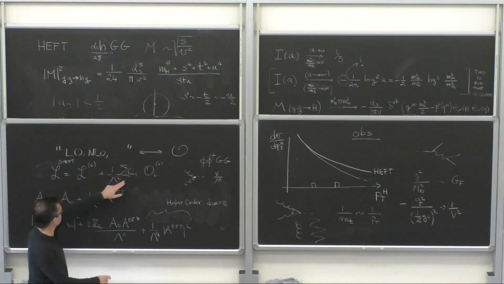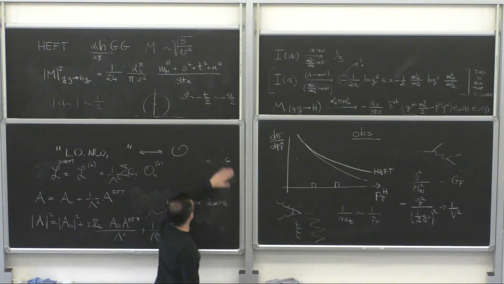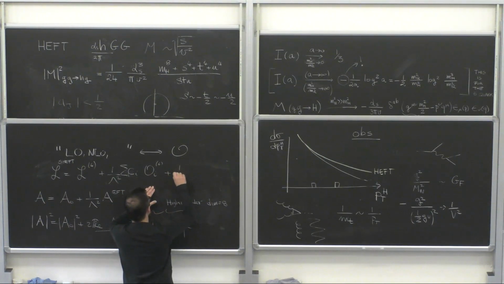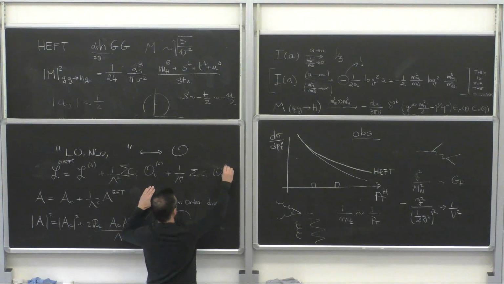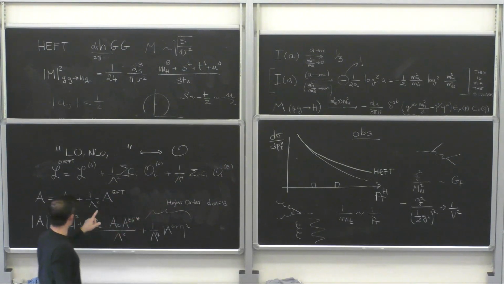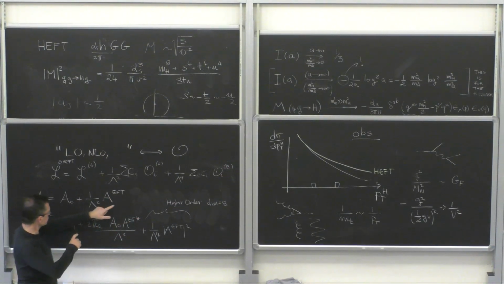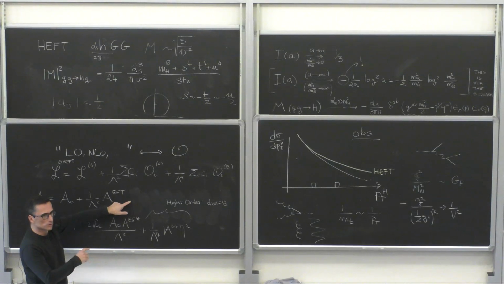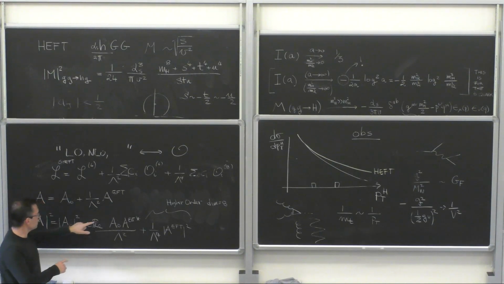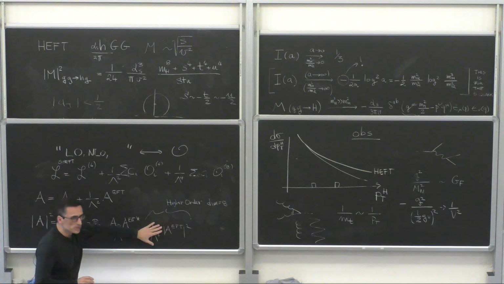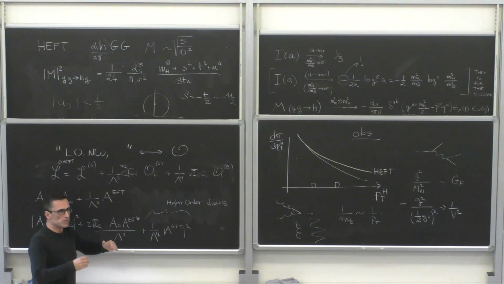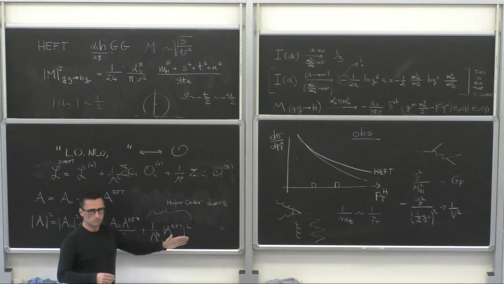If I had an operator of dimension 8 here, C_i O_i 8, and I put one insertion of this operator, I would have gotten 1 over lambda to the 4th here. So the interference will be of this order. Is that clear? So this term technically is higher order, and technically I can throw it away.